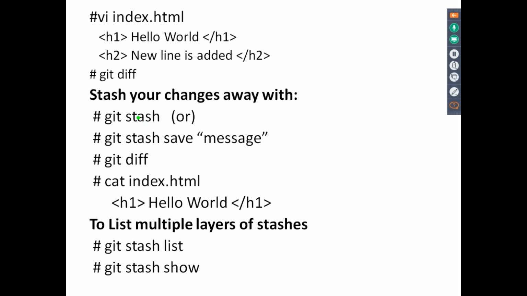If you want to save a stash, you can use the command git stash, or you can say git stash save with some message. Okay, I'll do this process.